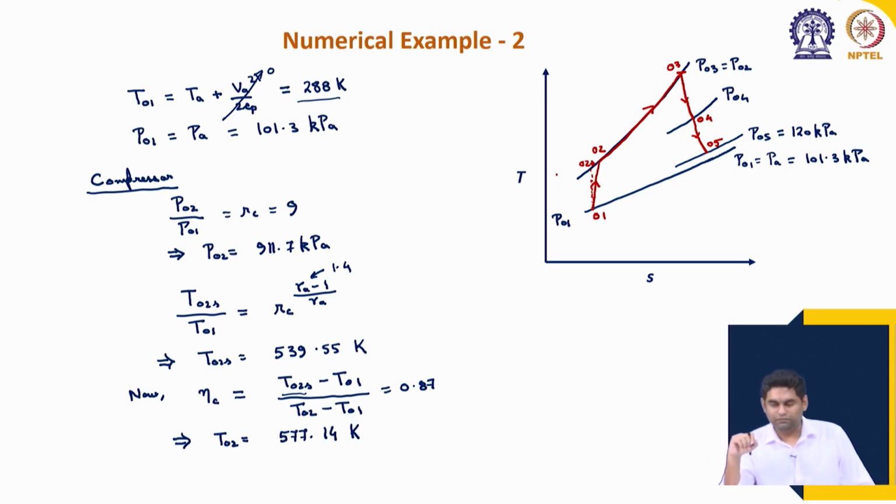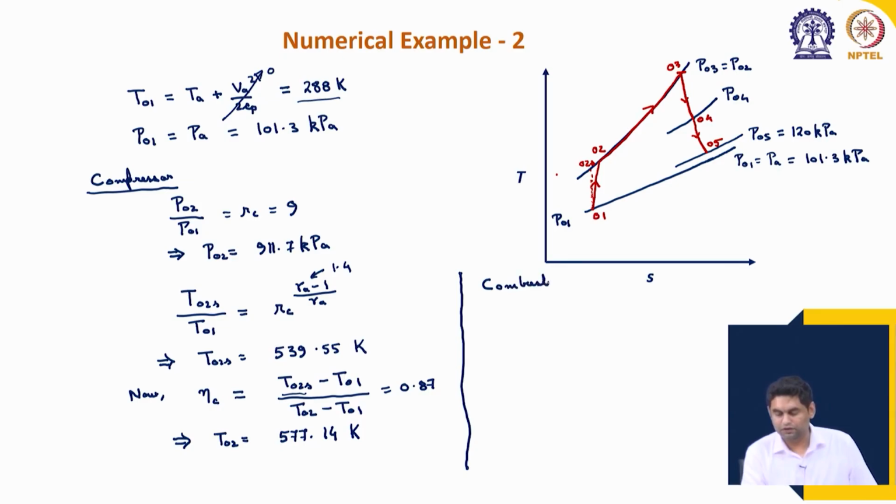Next we go to the combustion chamber. So, for the combustion chamber, let us write here. So, we are going process by process and state by state. Combustion chamber, inlet conditions are fixed. What about exit condition?